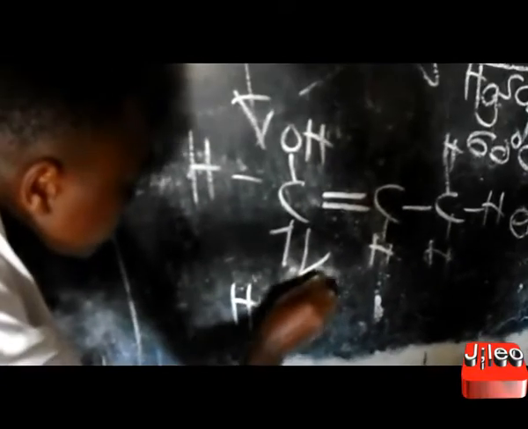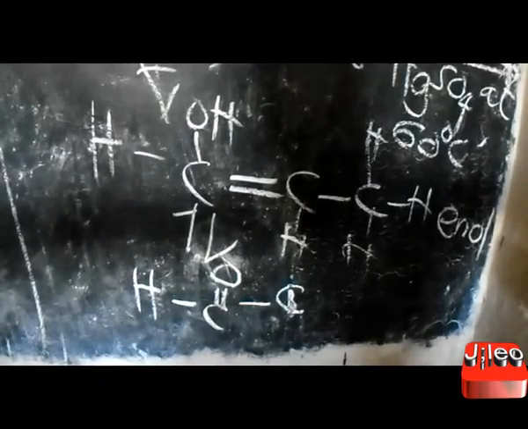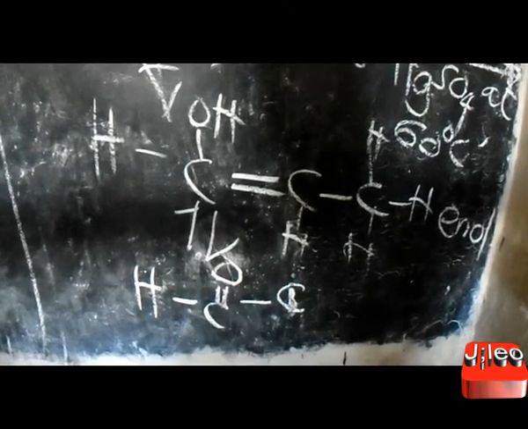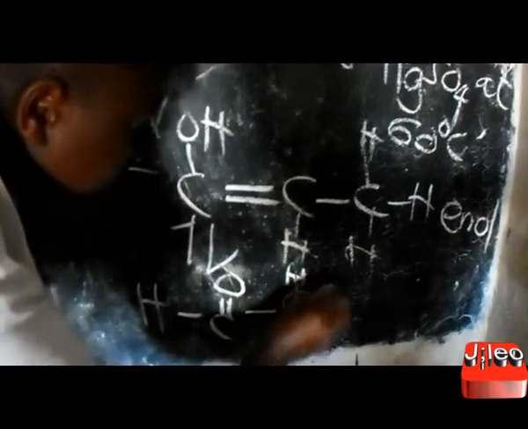This propanal will be H, carbon, double bond, oxygen, like this one, coming to another carbon. This carbon will have hydrogen, hydrogen, and also carbon, then hydrogen, hydrogen.